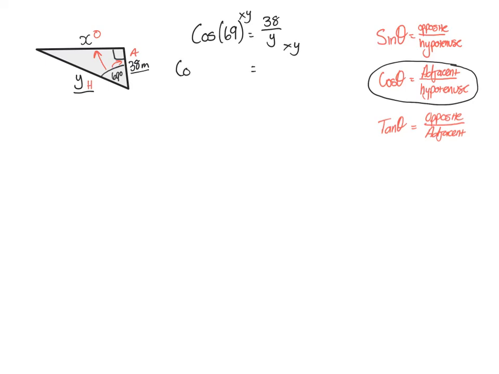So we will have cosine of 69 multiplied by y on this side, and then 38 on the other. Now we still need to get y by itself. So what we have here is cosine of 69 multiplied by y. So the opposite of that is to divide both sides by cosine of 69.